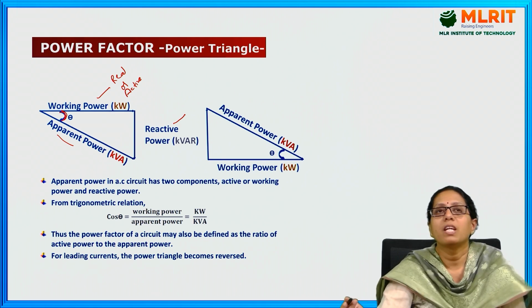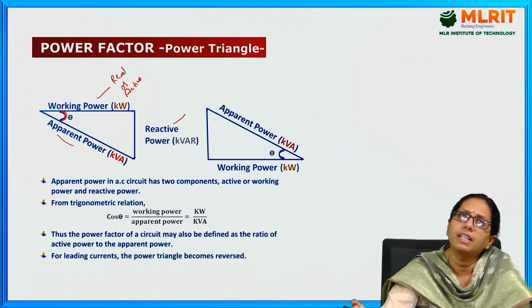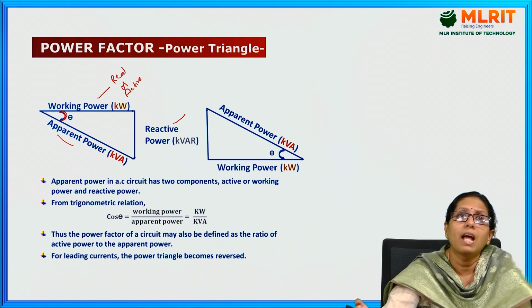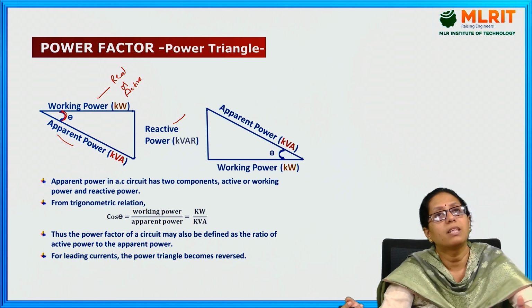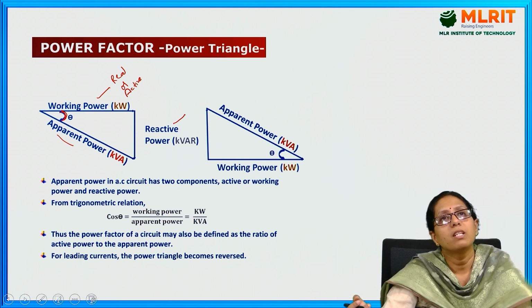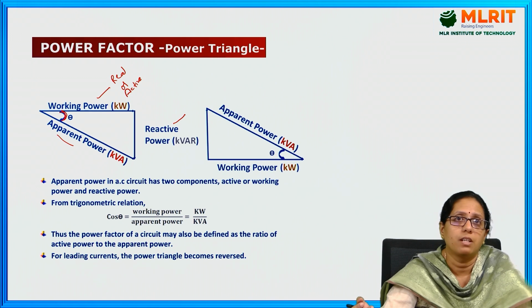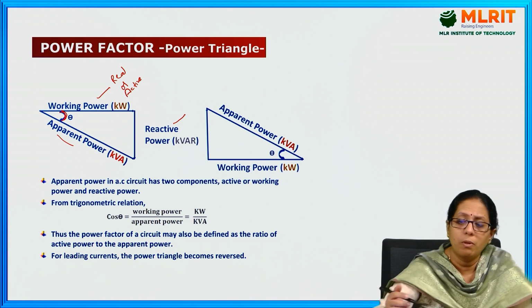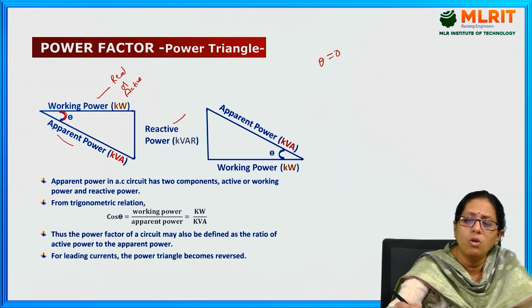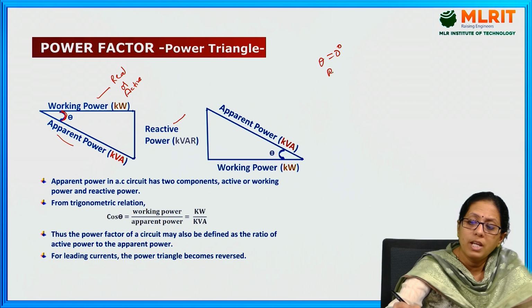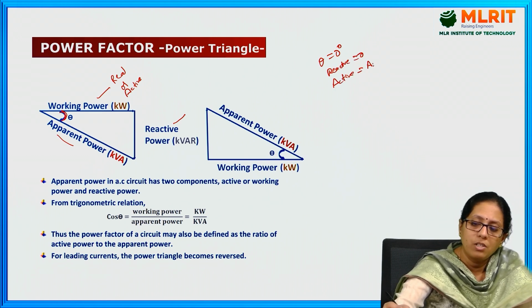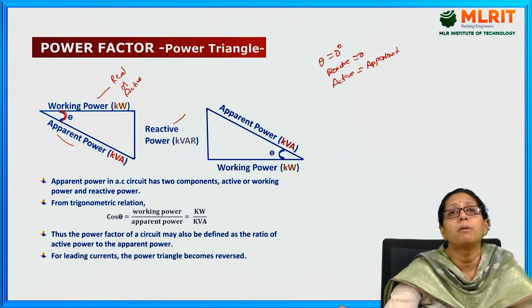When the phase difference is 0, apparent power is nothing but the working power itself. When theta is equal to 0, there will be no reactive power. Reactive is equal to 0 and active is equal to apparent, which is mostly preferred.